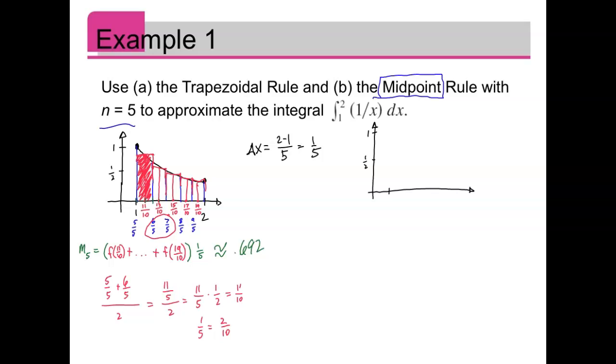All right. So we'll go 1, 2. I'm just sketching the same exact diagram. Still going to divide it into 5 subintervals. So 1, 2, 3, 4, and 5.